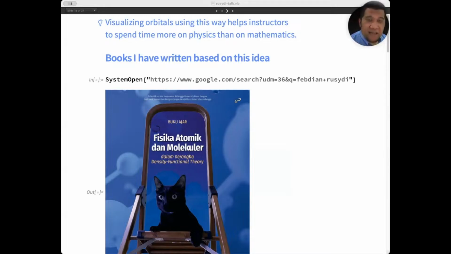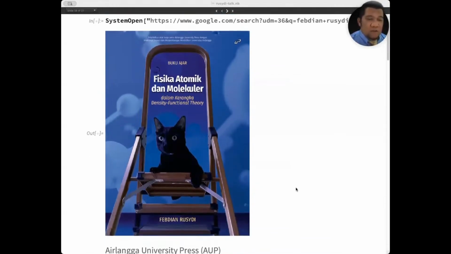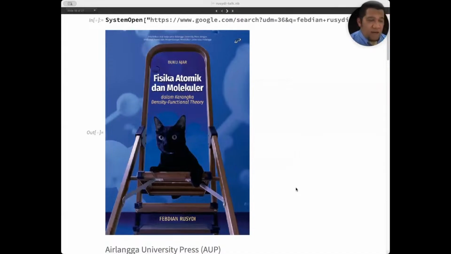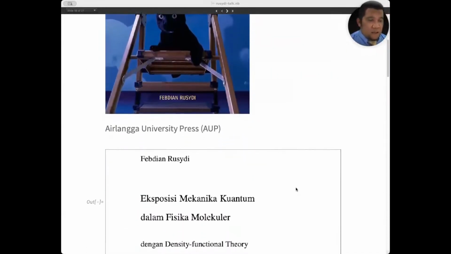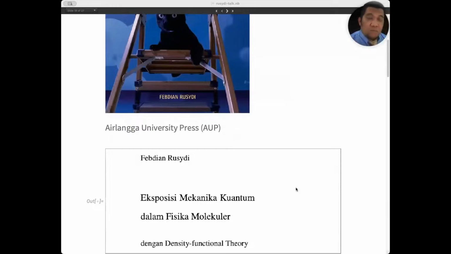Based on this idea, I have written 2 books where I use Wolfram Mathematica to teach by exploring the equations. One book is already published and has been used in my class entitled Atomic and Molecular Physics in the Framework of Density Functional Theory. Another one is in the production house of Airlangga University Press entitled Quantum Mechanics Exposition in Molecular Physics.